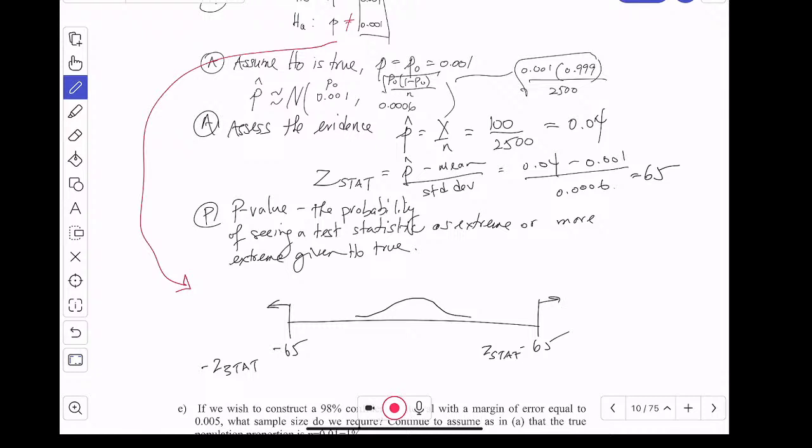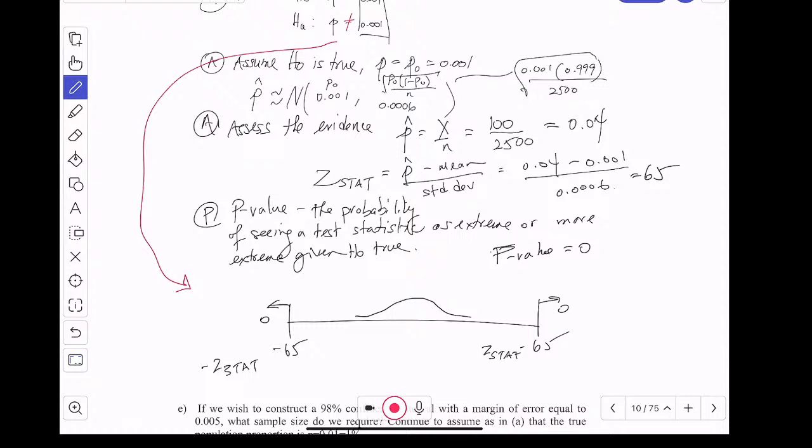Now, because this is such an extreme example, it's just a bunch of zeros. The p-value here is equal to this plus this area, but they're both 0. So the chance of being out there is 0.